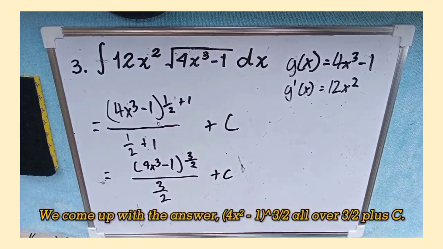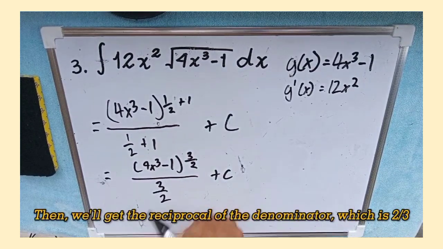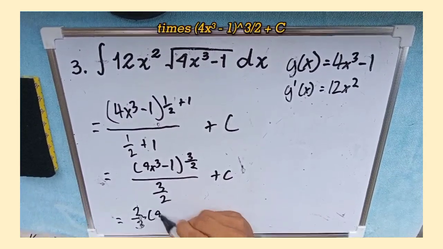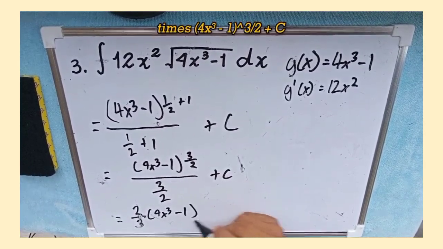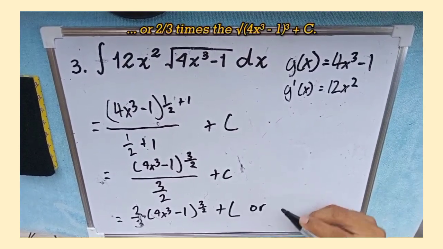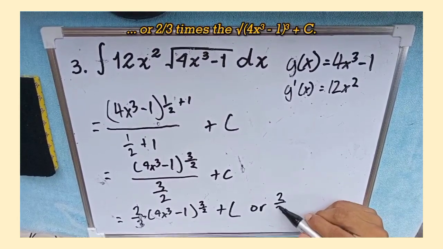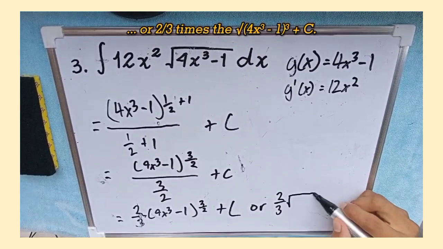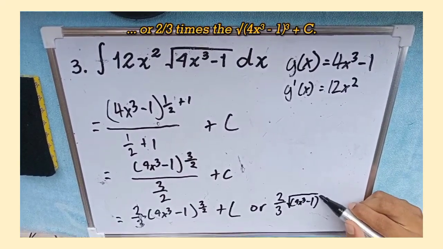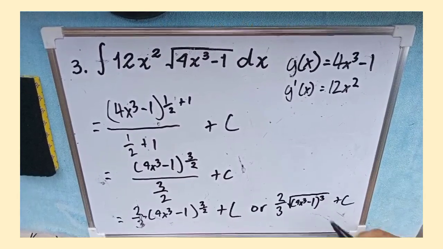We'll come up with the answer 4x cubed minus 1 raised to 3 over 2 all over 3 halves plus c. Then we'll get the reciprocal of the denominator, which is 2/3 times 4x cubed minus 1 raised to 3 halves plus c. Or 2 over 3 times the square root of 4x cubed minus 1 raised to 3 plus c.